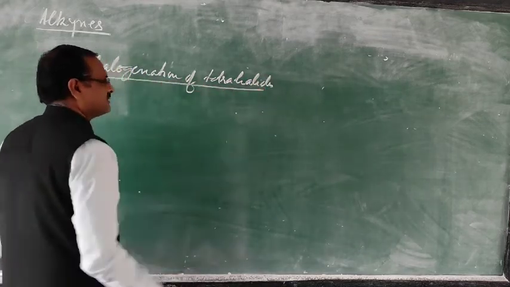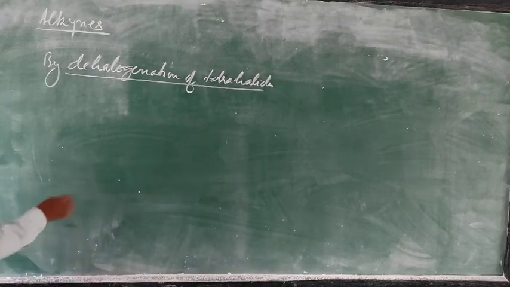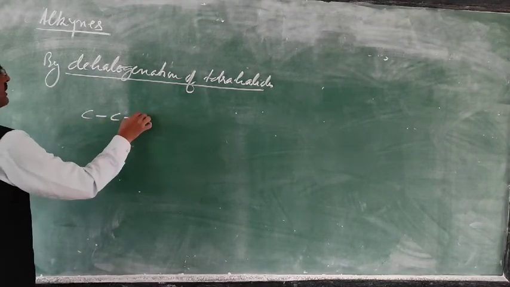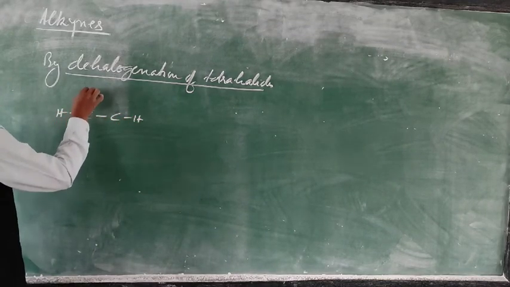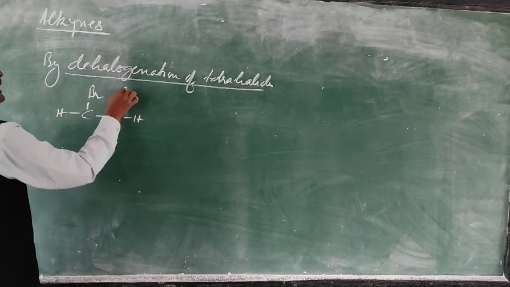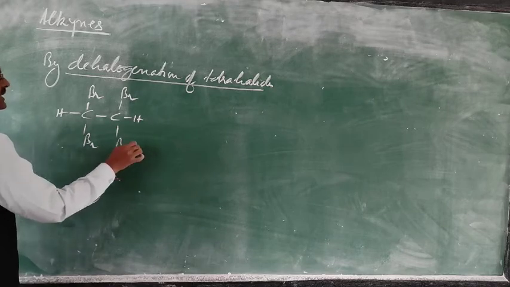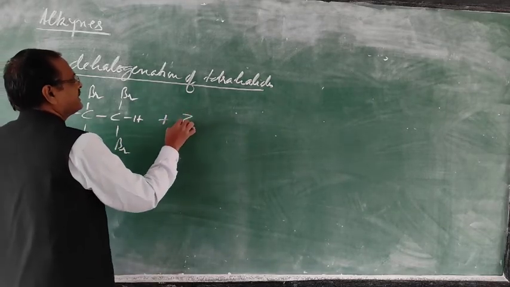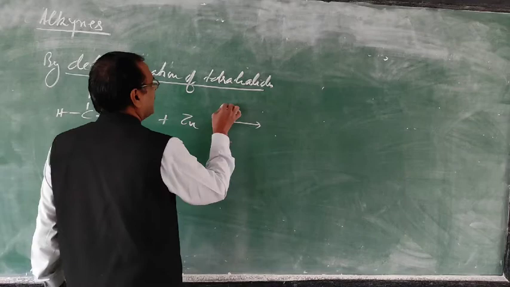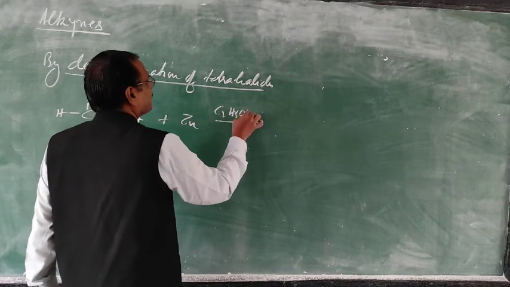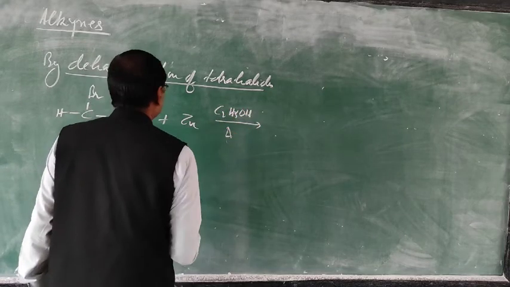With zinc and alcohol you can remove them. Just you see, 4 halides are there, these 4 bromine atoms. It is treated with zinc and C2H5OH. So what will happen?